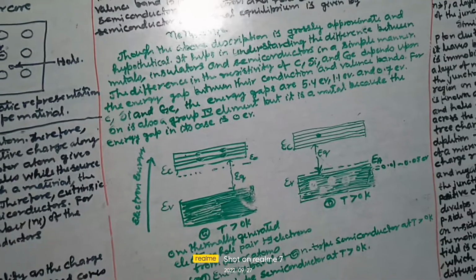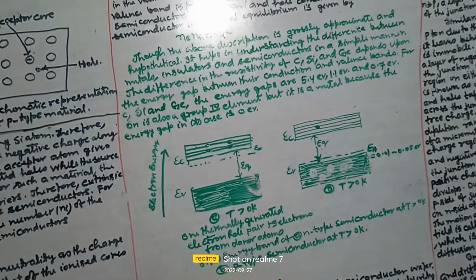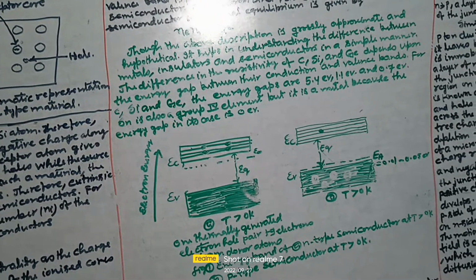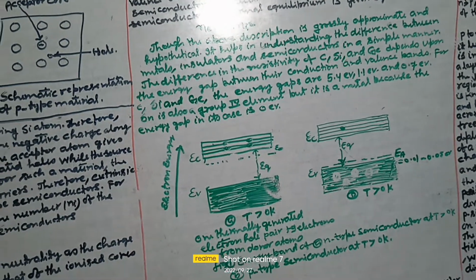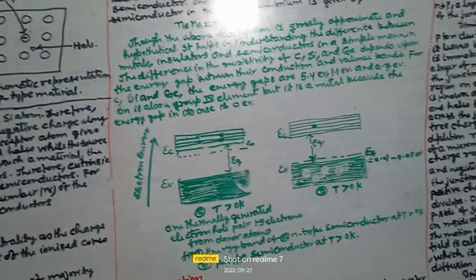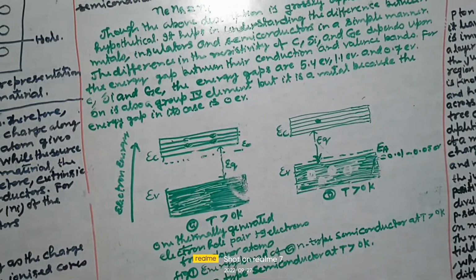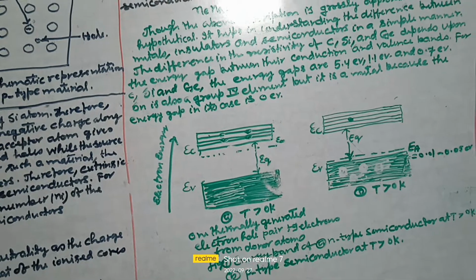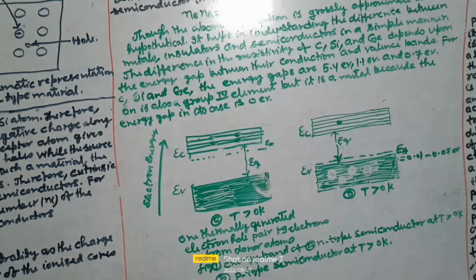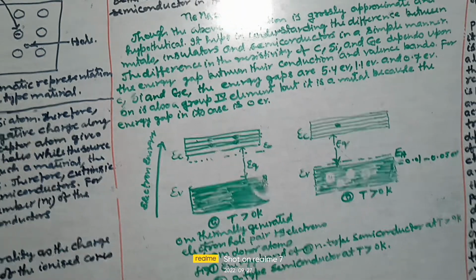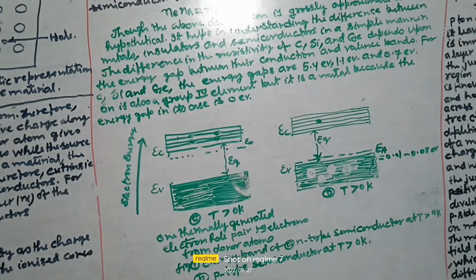Though the above description is grossly approximate and hypothetical, it helps in understanding the difference between metals, insulators, and semiconductors in a simple manner. The difference in the resistivity of carbon, silicon, and germanium depends upon the energy gap between their conduction and valence bands.